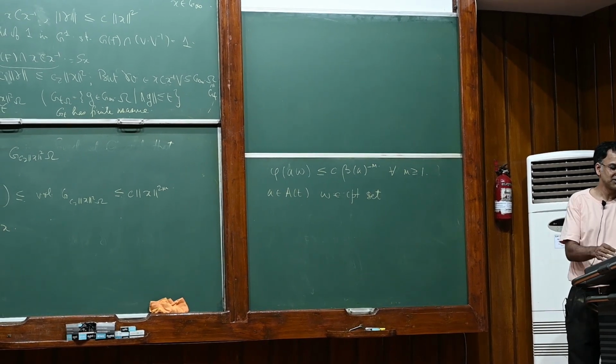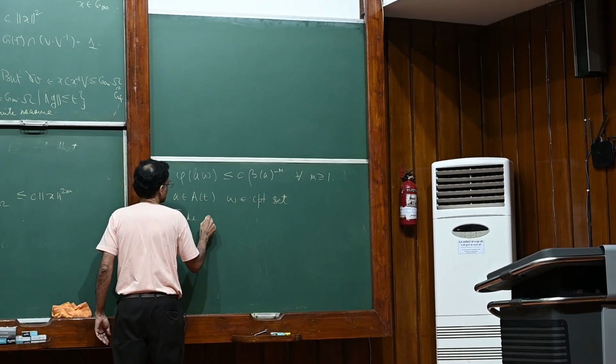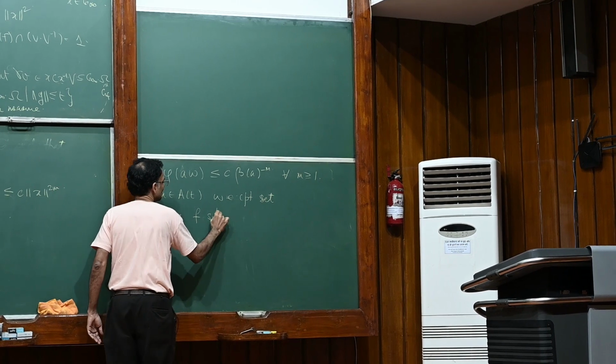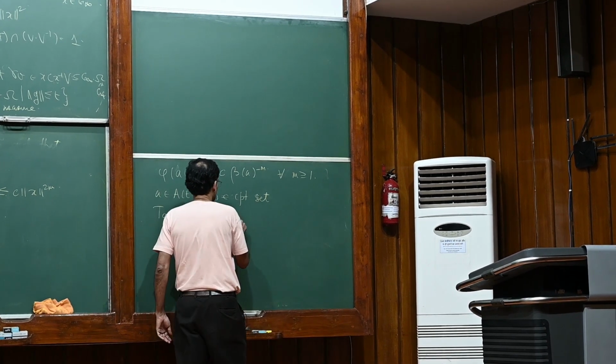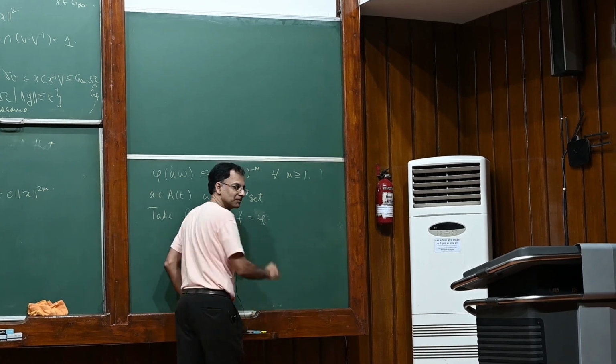So first, let's take F such that phi convolution F equals phi. We can always do this.